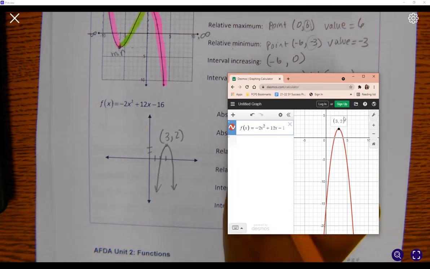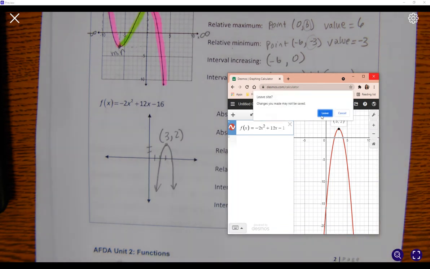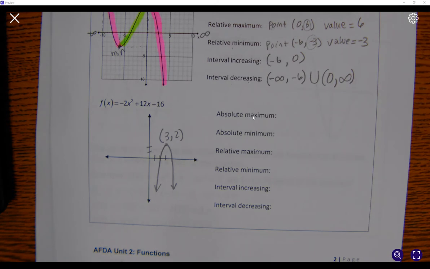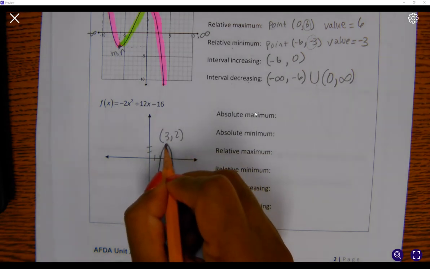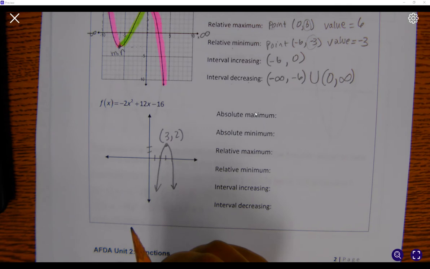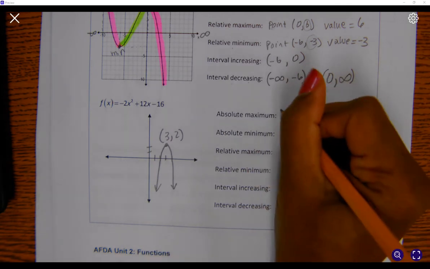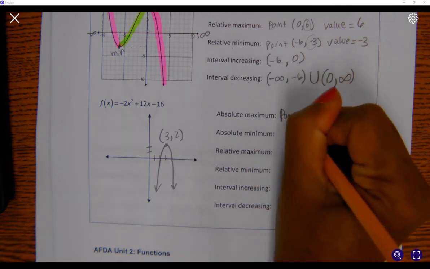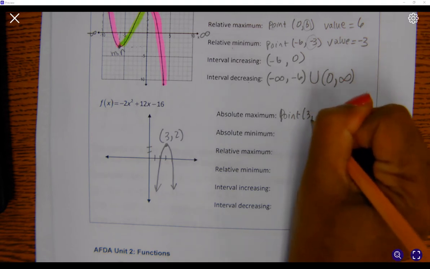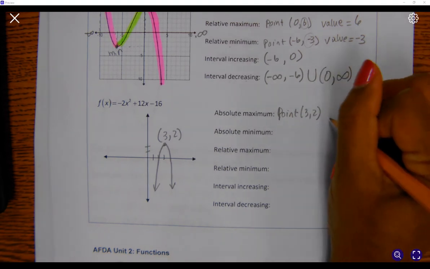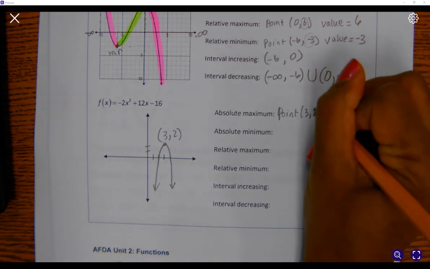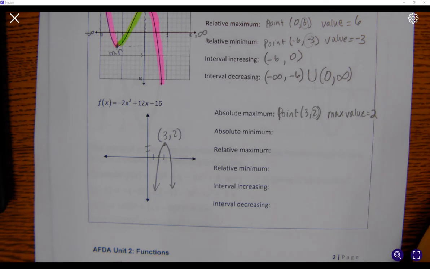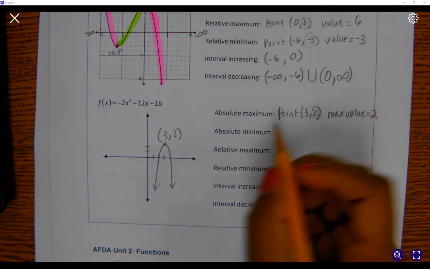So right here, it's at 3, 2. Here we want to check if this point right here is an absolute maximum. And it is an absolute maximum because it is the highest point on the graph. There's no other points higher than this. So we can say at point 3, 2, and then the maximum value is 2.